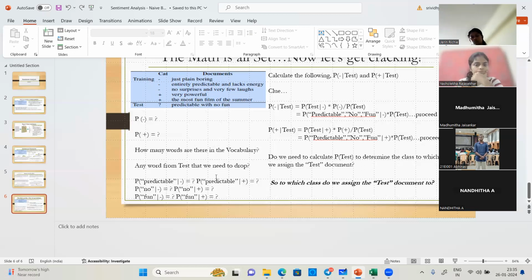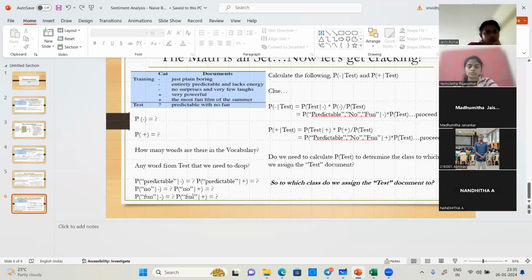If I apply Laplace smoothing, what is the probability? 1/29. Next, probability of no given positive. Before Laplace smoothing, 0/9.